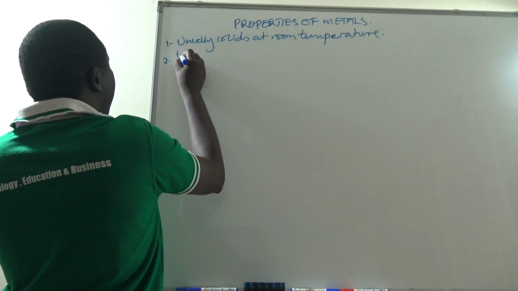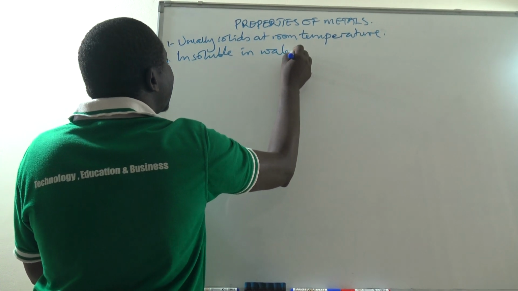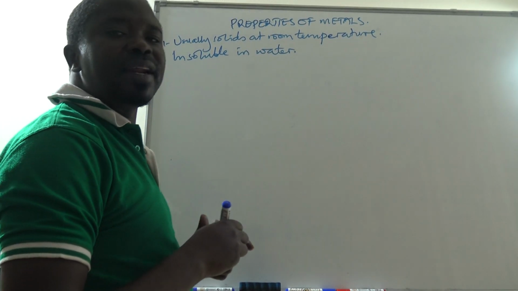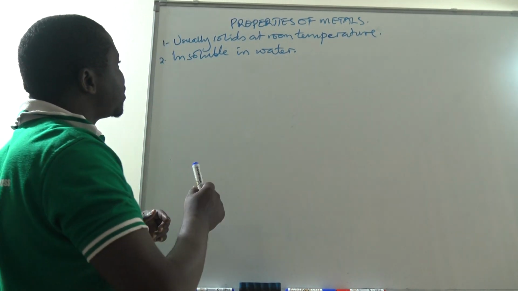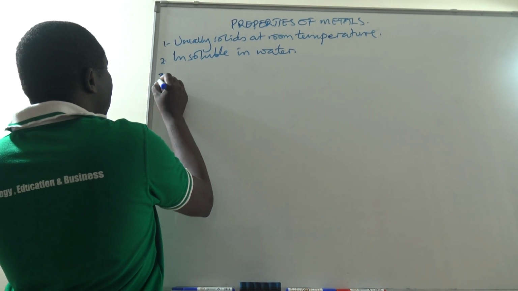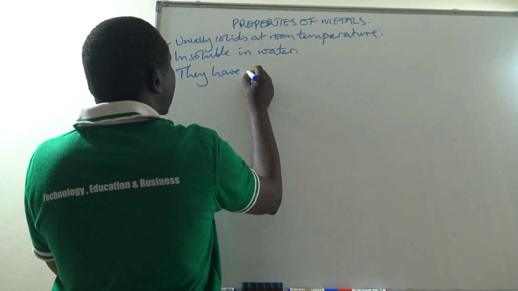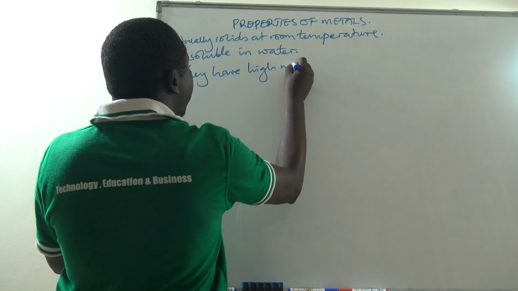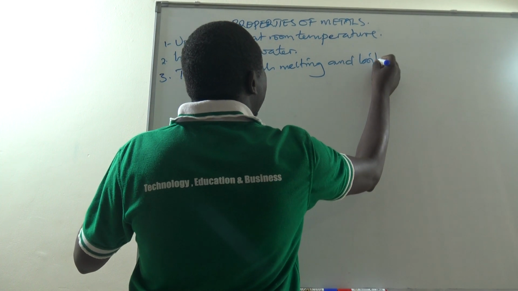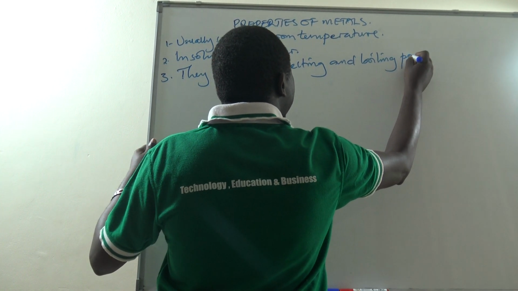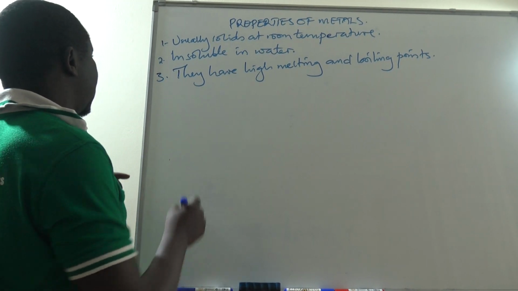Two, they are insoluble. Metals cannot dissolve in water. If a metal can in any way interact with water, it simply reacts with the water to form different products. But metals cannot dissolve in water. Not only that, they have high melting and boiling points. Metals have high melting and boiling points.